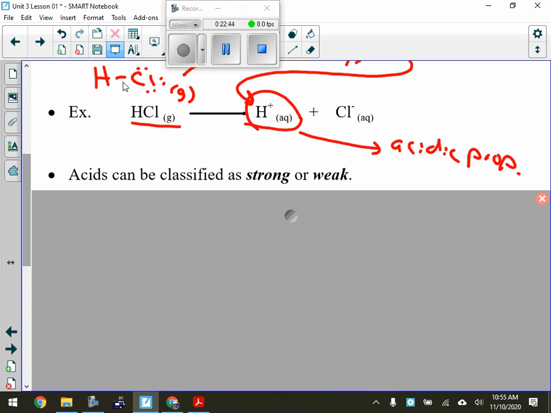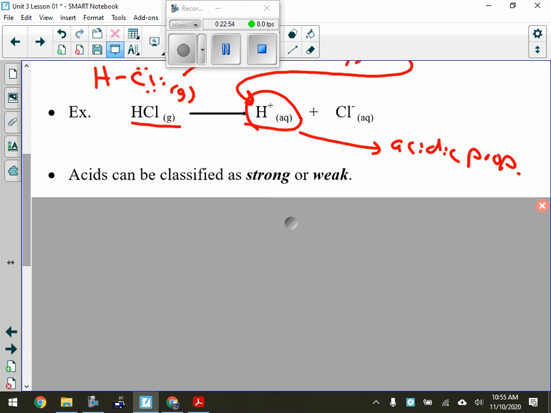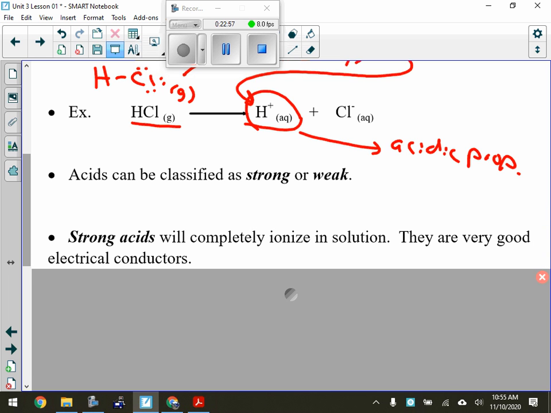Okay? When we talk about strong and weak acids, we need to get away from that thought process. When we talk about strong and weak acids, by definition, it is based on this. Strong acids will completely ionize in solution. They are very good electrical conductors. Okay?